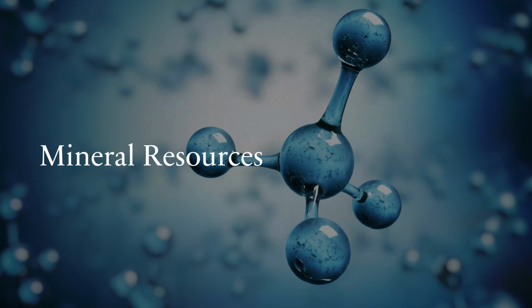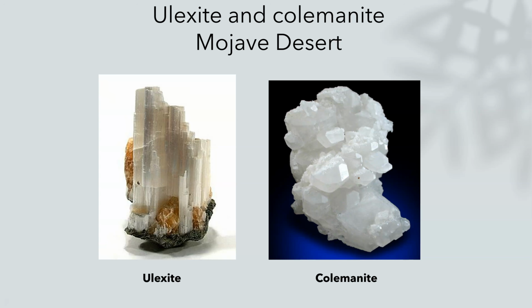All right, let's look at mineral resources. So ulexite and colemanite are found mostly in the Mojave Desert. So both ulexite and colemanite have very high concentrations of boron, and boron is very, very important economically because we can use it in fire retardants.